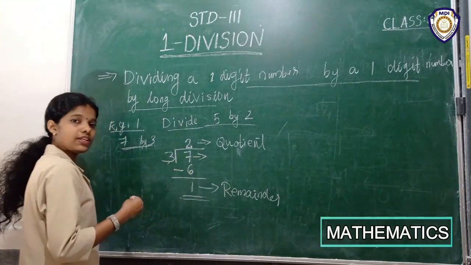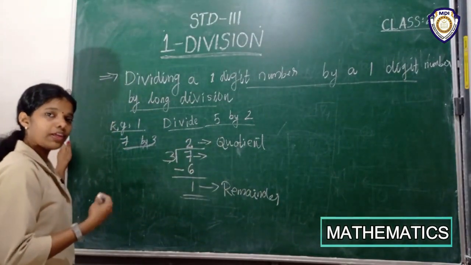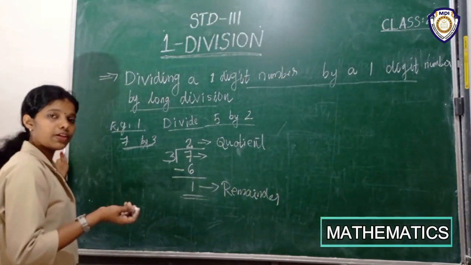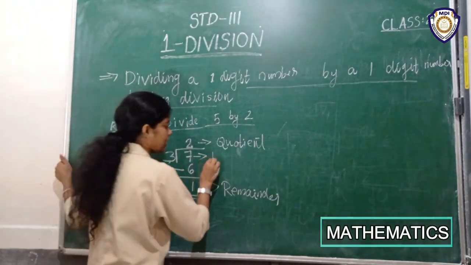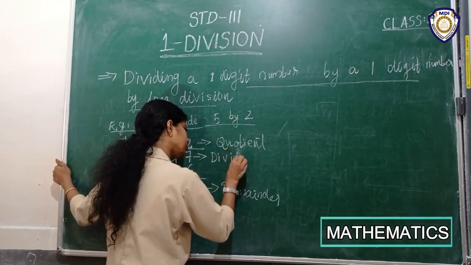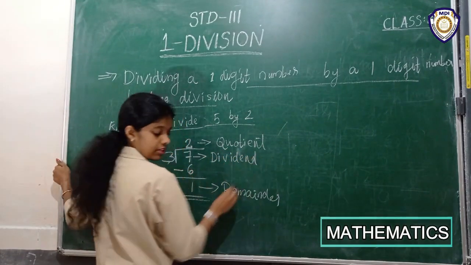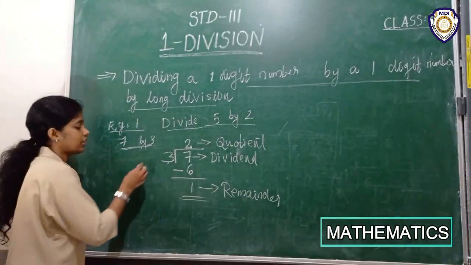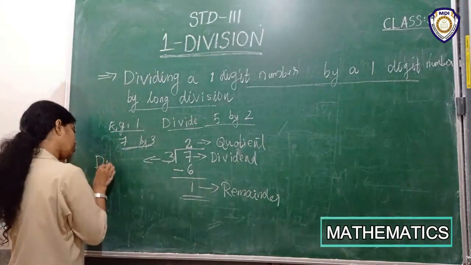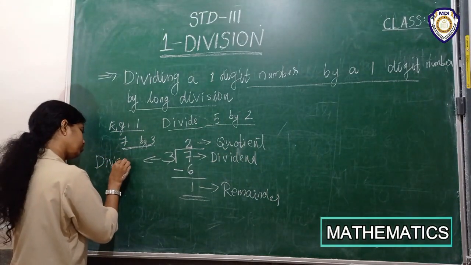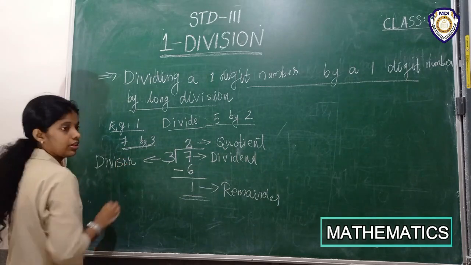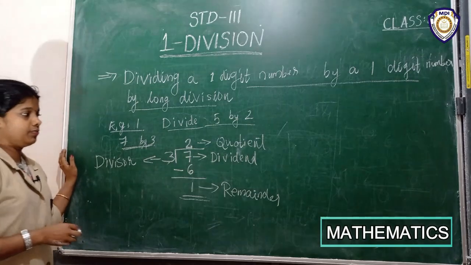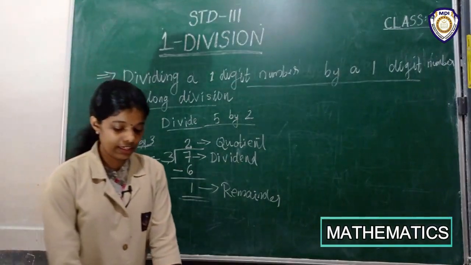Here 7 is the dividend, and 3 is the divisor.